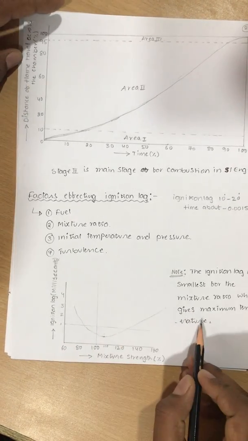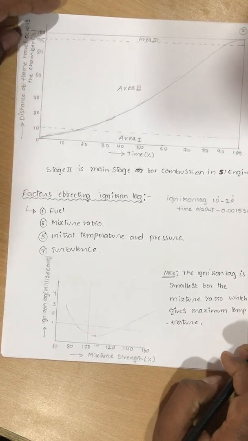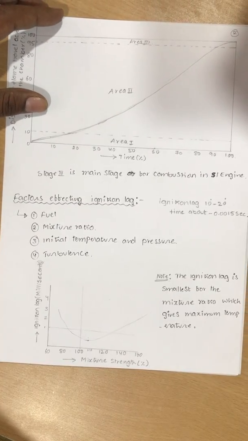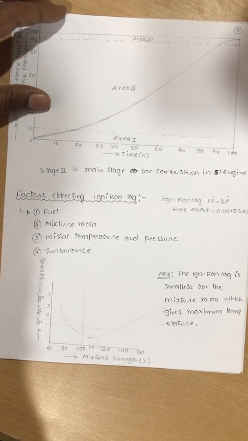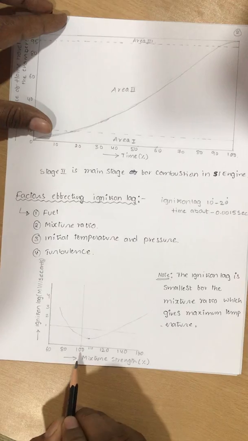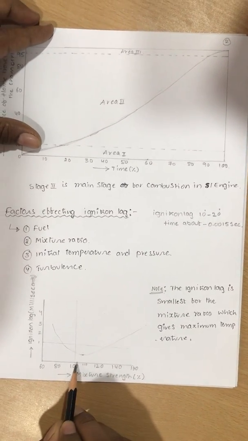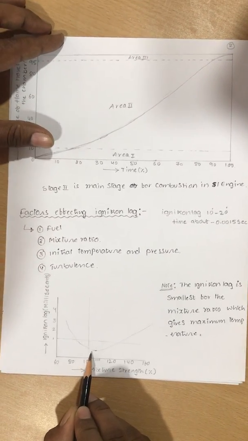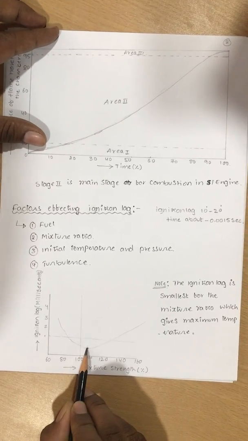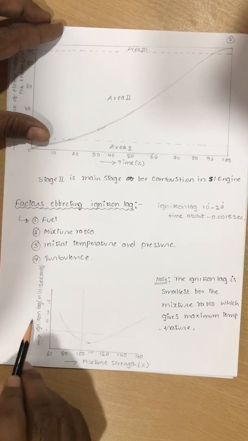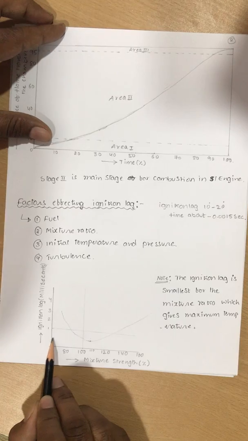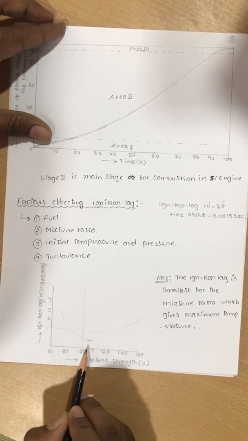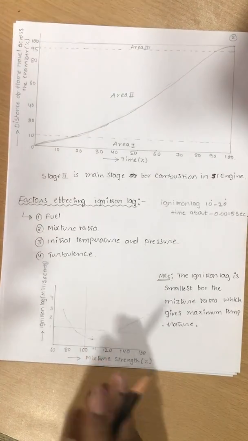We have already studied this in the effect of mixture ratio on maximum temperature. The maximum temperature occurs at 10% rich mixture. That means 110% mixture, 10% richer than stoichiometric, gives maximum temperature, where the ignition lag is very, very small.